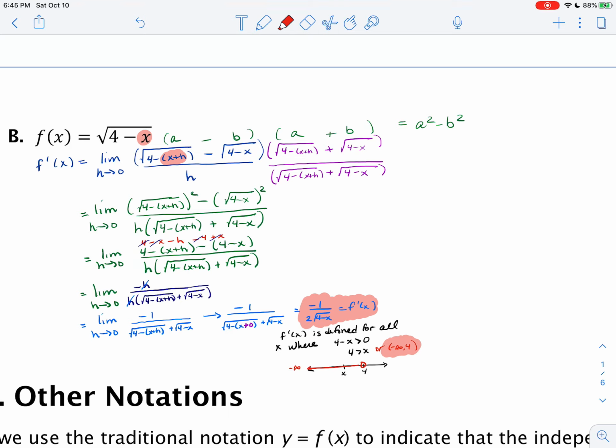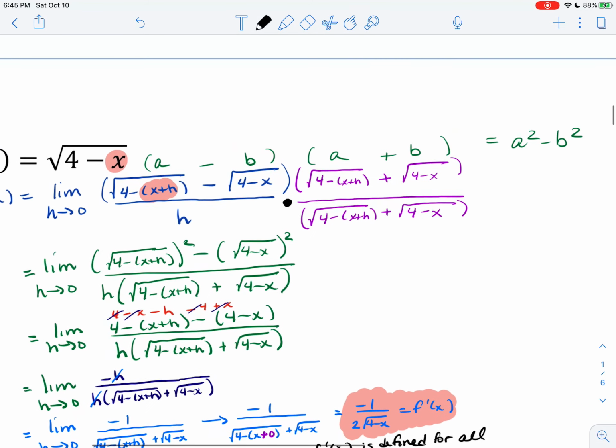And usually when we deal with a difference of radicals, we multiply on the top and bottom by a special version of 1, that being the conjugate. I can scroll in here and take a look at that square root of 4 minus x plus h minus the square root of 4 minus x, and consider that as an a minus b.